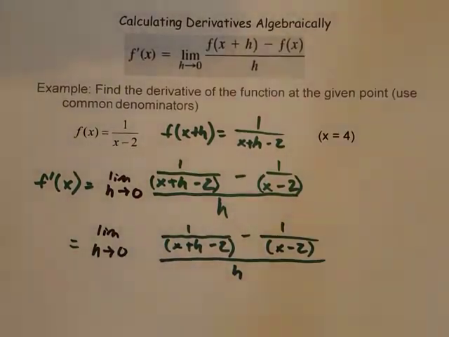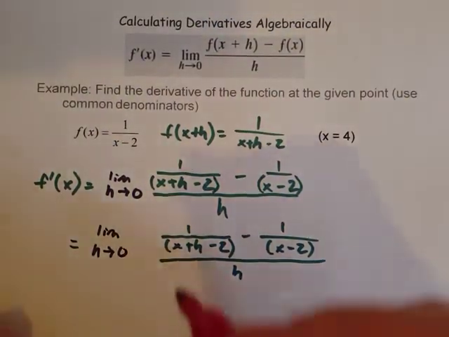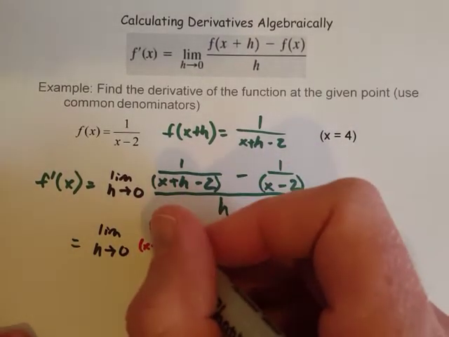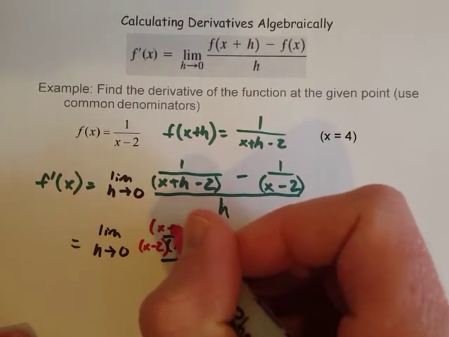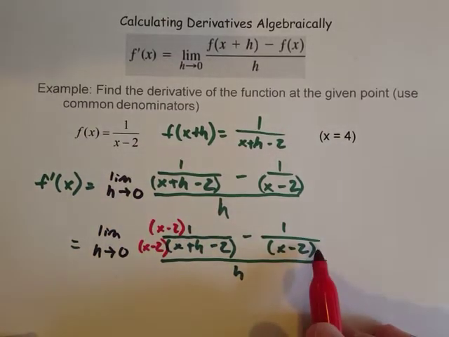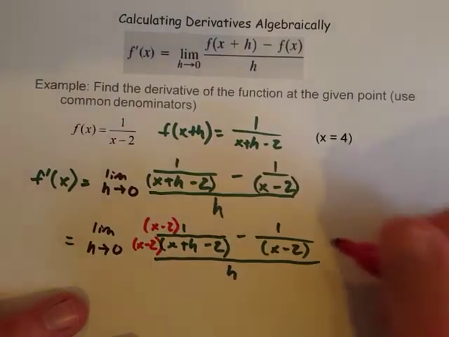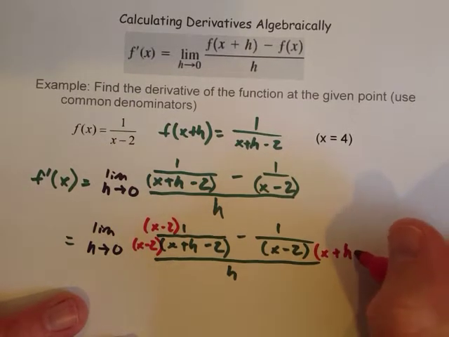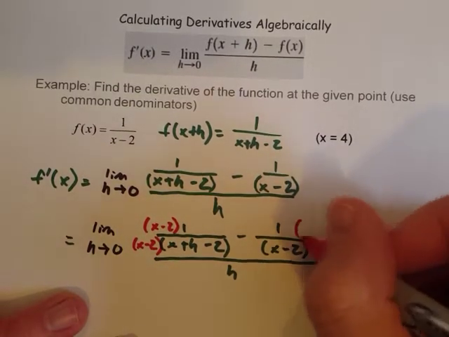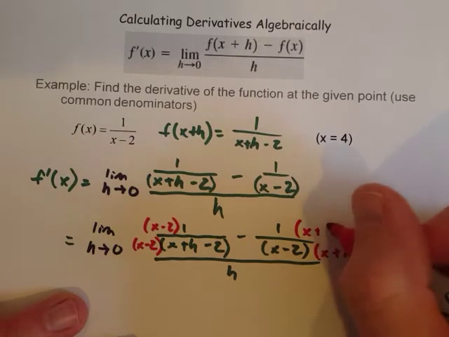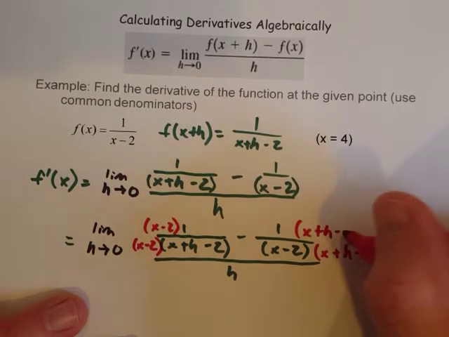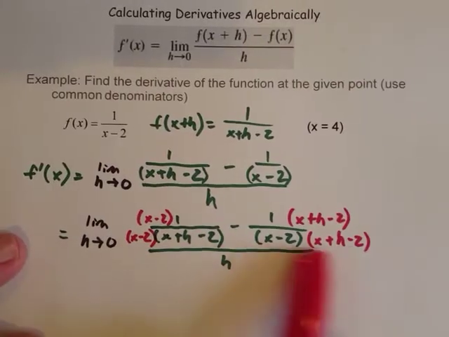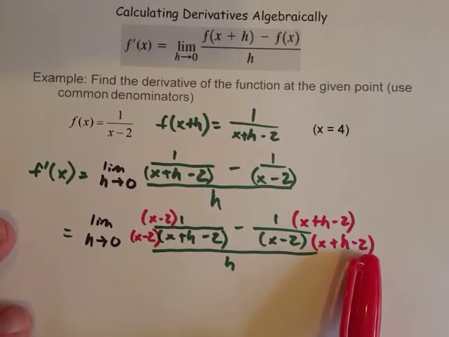So on the left-hand side, the part that I'm missing is x minus 2. So I'll multiply by that, top and bottom. And on this side, the part that I'm missing is x plus h minus 2. So notice what that's going to mean about these fractions is that they will have common denominators.